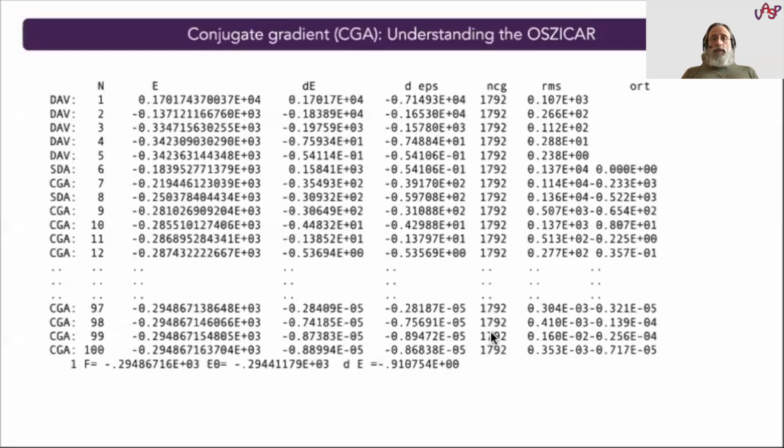This is the number of times the Hamiltonian is applied to the orbitals. Now, this does not vary, not like in the self-consistency cycle. In every step, there's a certain number of times that the Hamiltonian is applied to the orbitals. RMS here is the norm of the gradient. This needs to go down, obviously. And this ORT is the orthogonality of the gradient with respect to the previous search direction.